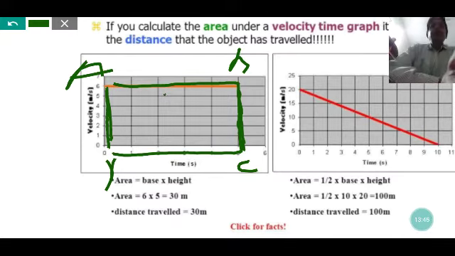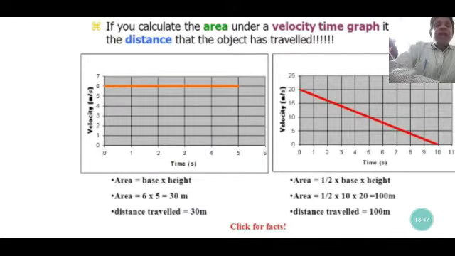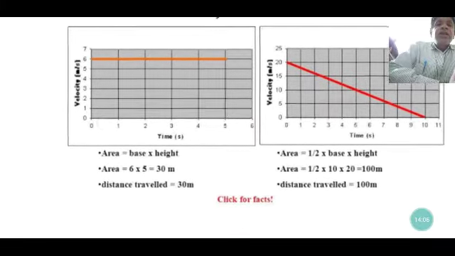Now look here, the area is equal to, it is a rectangle, so it is base into height, length and breadth.